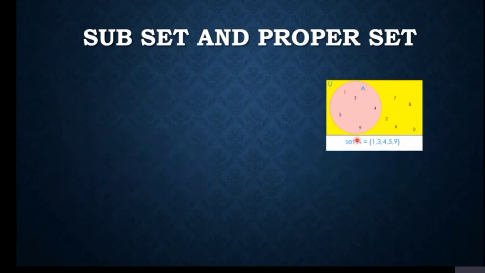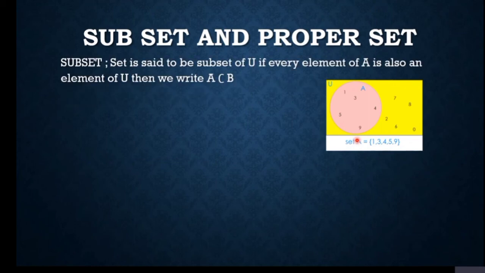Subset and proper subset. If every element of A is also an element of the set B, then A is said to be a subset of B. That is, A subset of B. So see, A is a subset of U. This is one example of the subset.